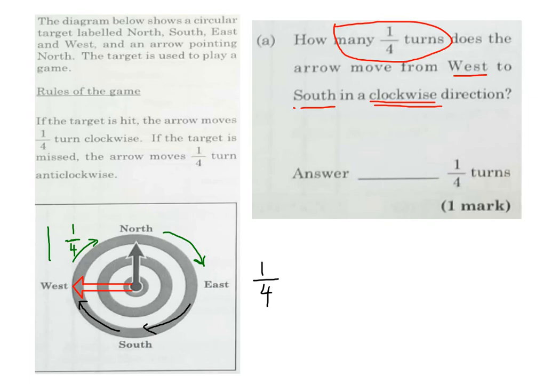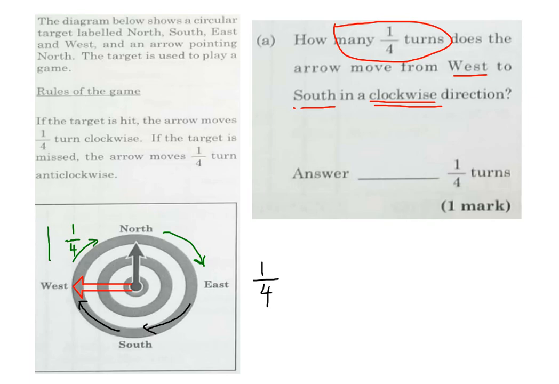Alright. Now, to get from west to east, right? This is what we're counting in the green. To get from west to east, we went through one quarter turn to get to north. How many quarter turns would we have turned when we reach east? No, quarter turns. We're counting quarter turns, right? What I'm asking is, if I already turned one quarter turn to reach north, right? And then from north to east, I turn the next quarter turn.